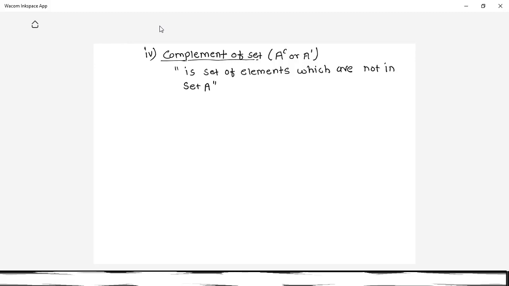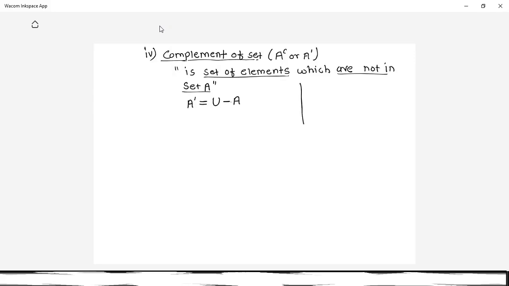The complement of a set is the set of elements which are not in set A. More specifically, if I want to write A's complement, I can write it as the universal set minus A. So the complement of a set contains elements which are not in set A. This is denoted by U minus A.